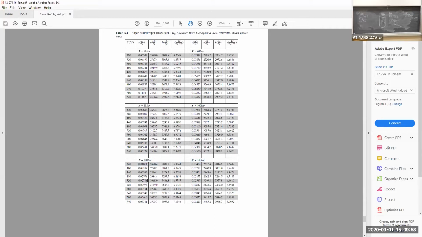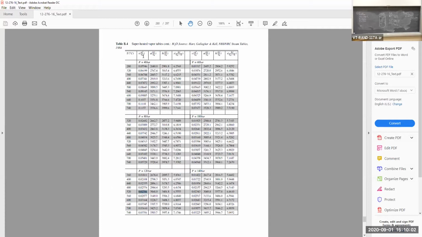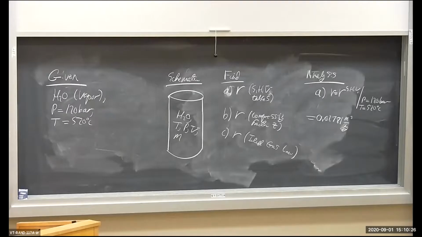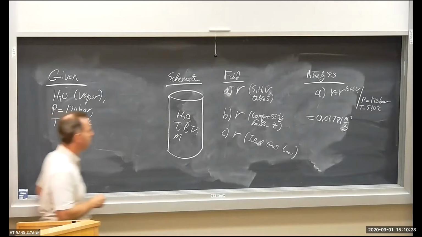The specific volume with units of cubic meter per kilogram is 0.02781 cubic meters per kilogram, okay?